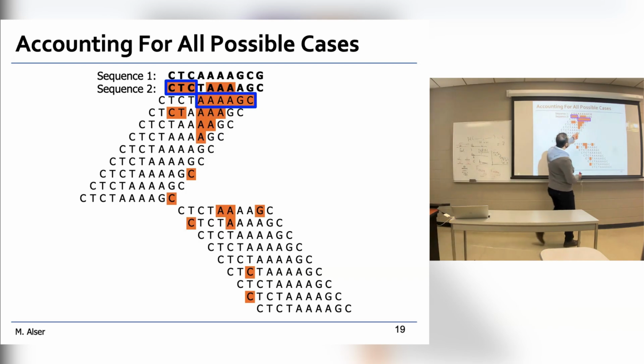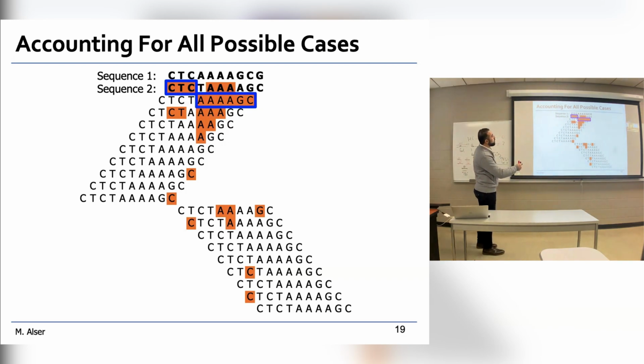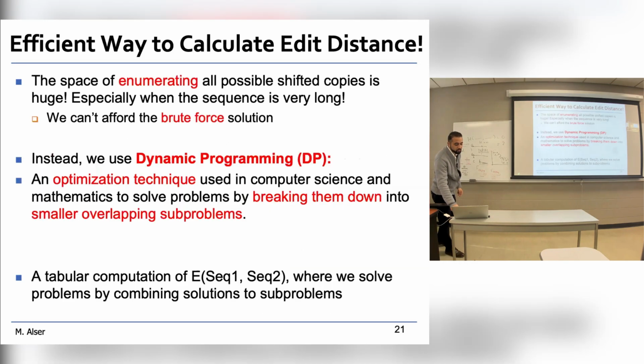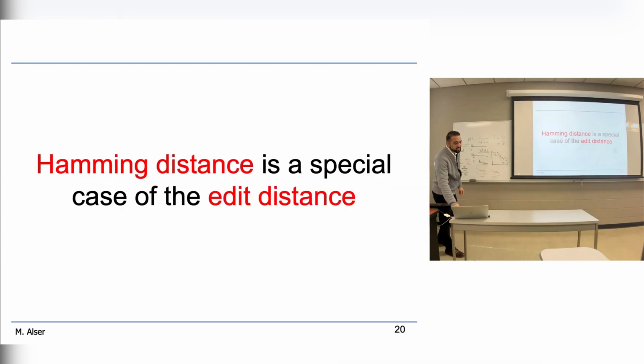So the matches over here are not giving me 0 Hamming distance. It's giving me 1, 2, 3, 4. So this is a Hamming distance of 4. But I'm still considering that because it provides me the largest number of matches, which is this. And this combined with that would be the result. That would be the thing that we are looking for. So Hamming distance is a special case of the edit distance.